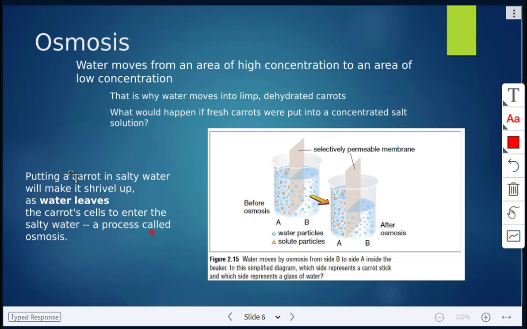So putting a carrot into salty water will make it shrivel up, because water leaves the carrot's cells to enter the salty water during the process of osmosis.